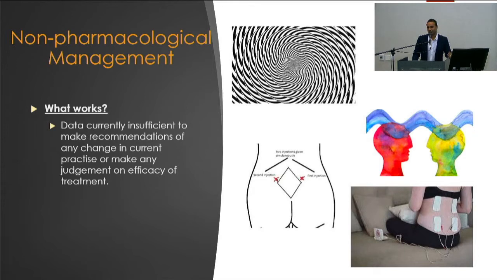Some evidence has shown that the use of a birthing ball, which I've found quite common in some of our units, especially in private, has been found to reduce the need for epidural as well as assisted vaginal delivery. In fact, probably by sometimes up to half, depending on which studies you do read.